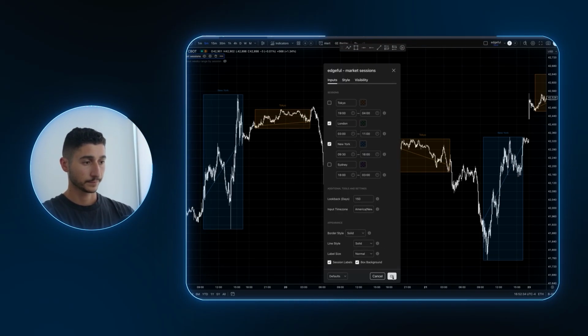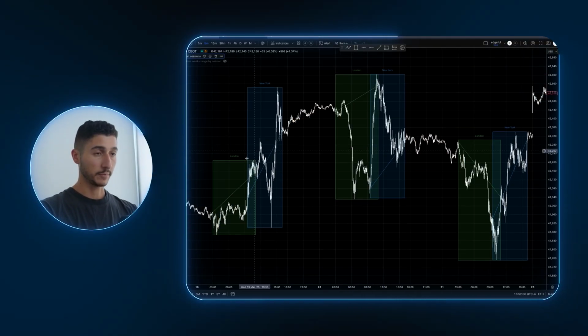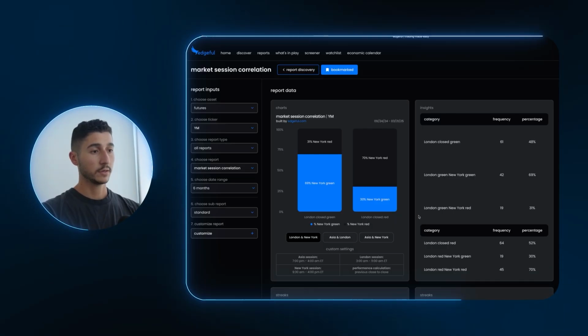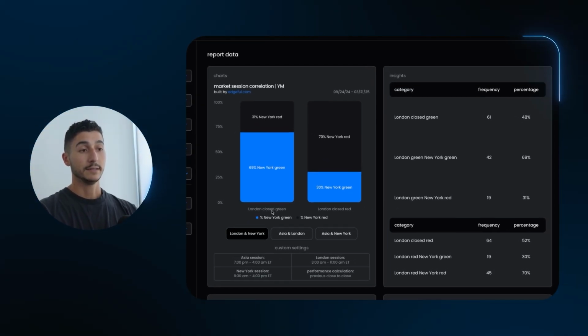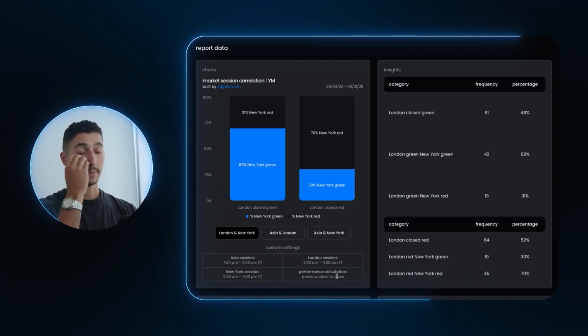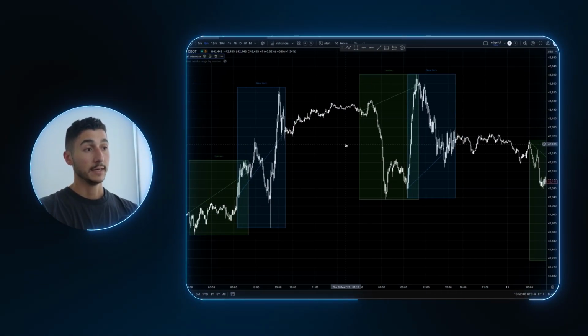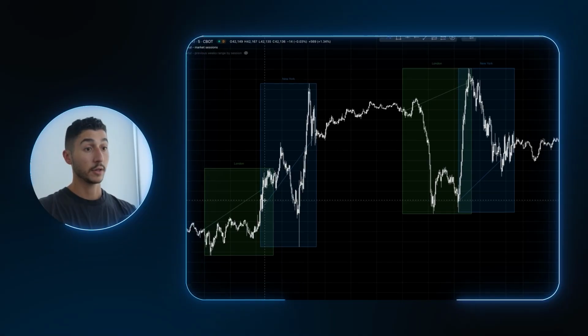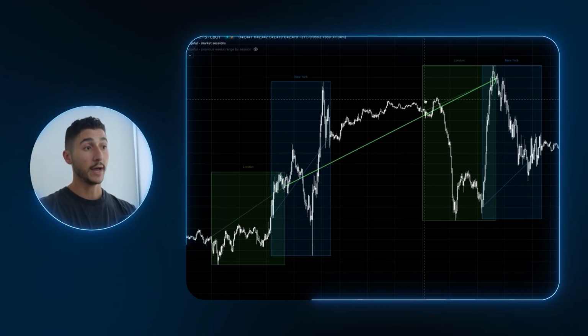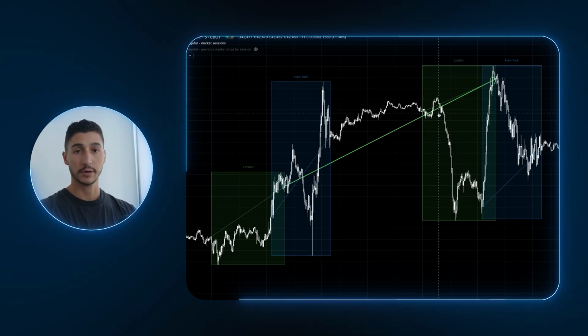This is a great example right over here. So if we look, did the London session close green when you have this customization on? It is checking, did this London session close above the previous close of the other London session? So now the opening prices are completely irrelevant.